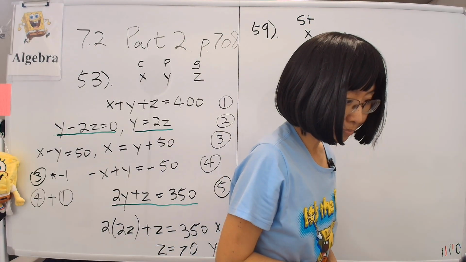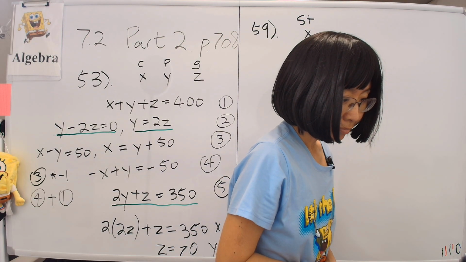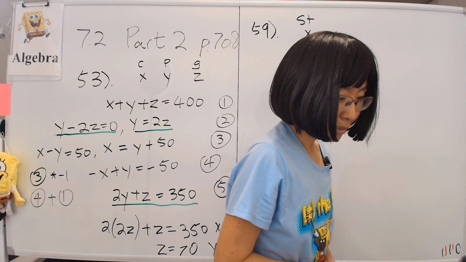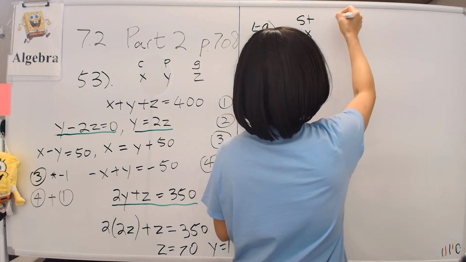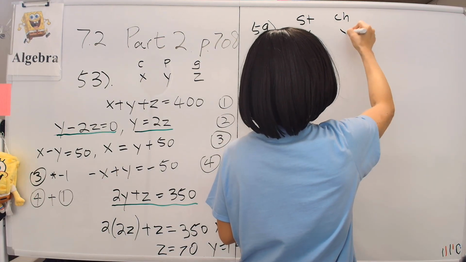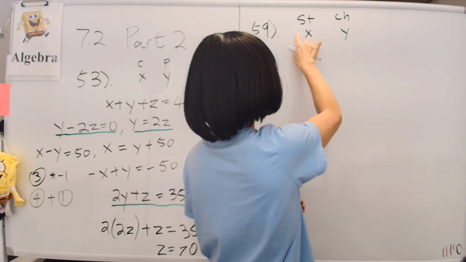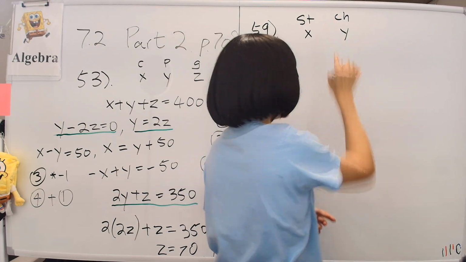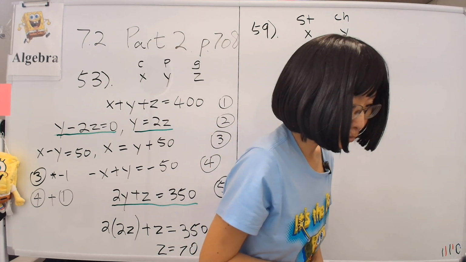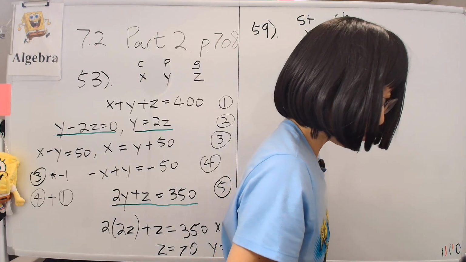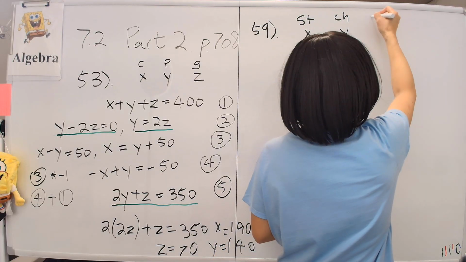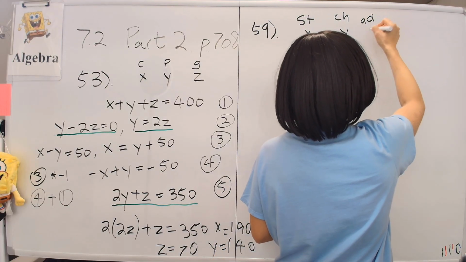Then $22.50 for children, so the children will be called y. And $29 for adults, so adults will be called z.